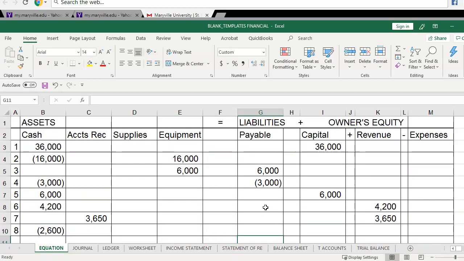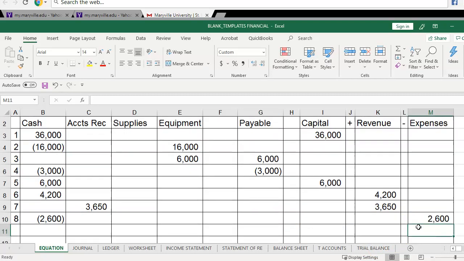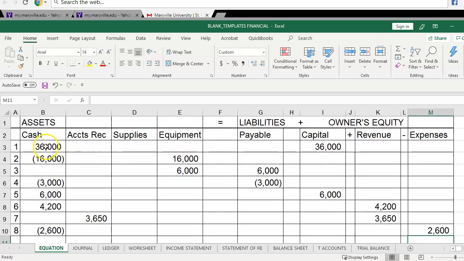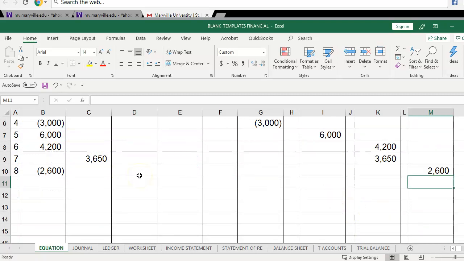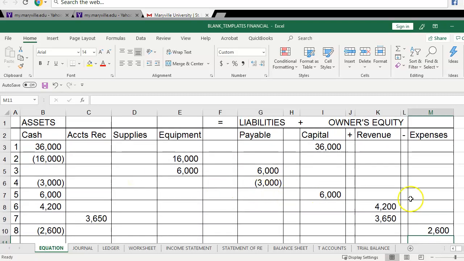And in accounting, parentheses mean that number is negative. And my expenses are going to increase by $2,600. Now notice for the expenses, I made it positive, not negative, because once we're done, to get our total equity, we're going to add total capital plus total revenue, but then minus the total of our expenses.